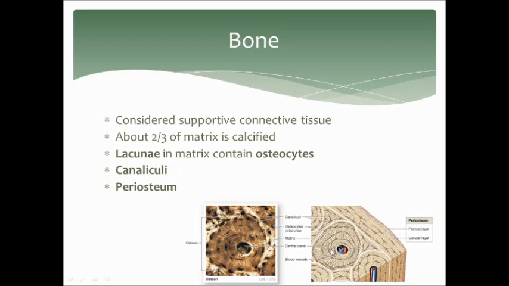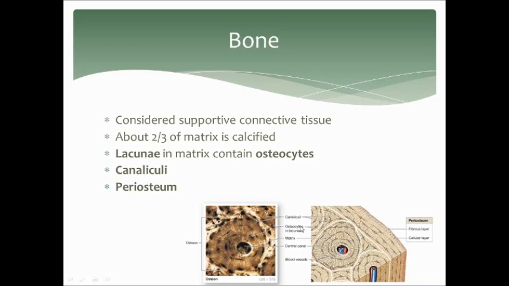There's also a central canal throughout the entire osteon. So the osteon is a series of concentric rings, kind of like if you were to cut a tree trunk in half and look at the stump, you would see these growth rings. That's kind of like what a bone looks like if you cut it open.